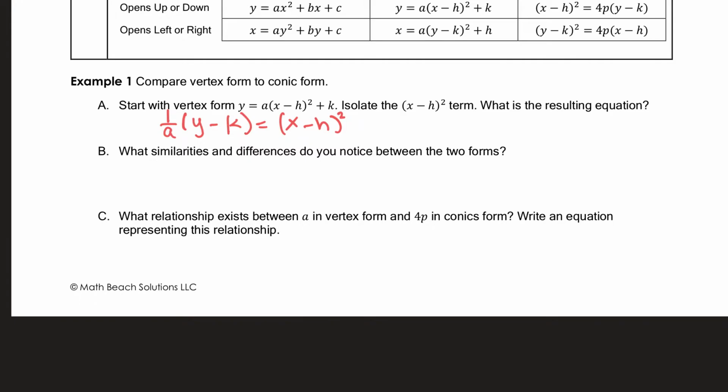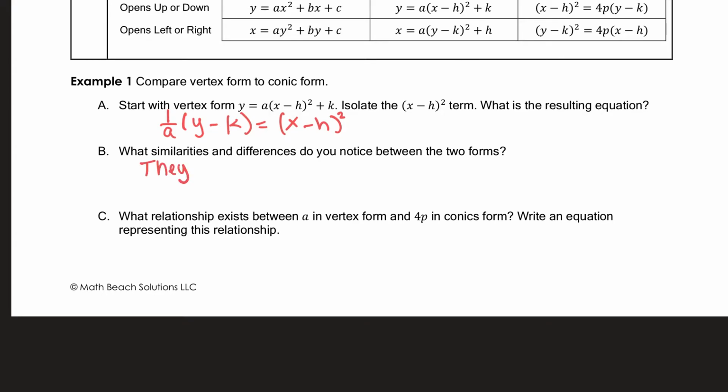We're going to go ahead now and answer question B. What similarities and differences do you notice between the two forms? They are the same, except the 1 over a is multiplied by y minus k in the transformed vertex form equation, and 4p is multiplied by y minus k in the conic equation. So let me write that down.